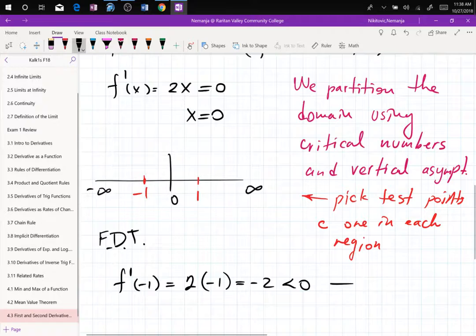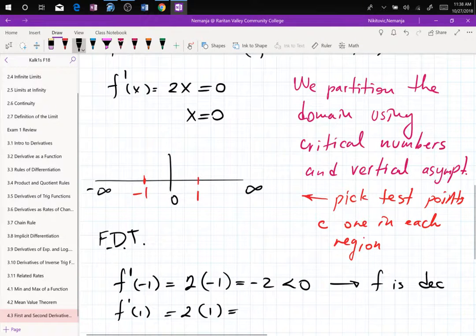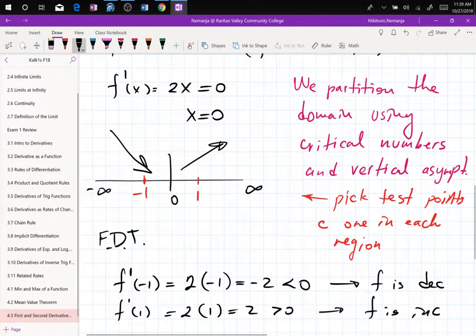That's less than 0, implying f is decreasing. And then for the derivative at +1, you have 2 times 1, which is 2, which is larger than 0, which says that f is increasing. So we have a decrease here and increase there.